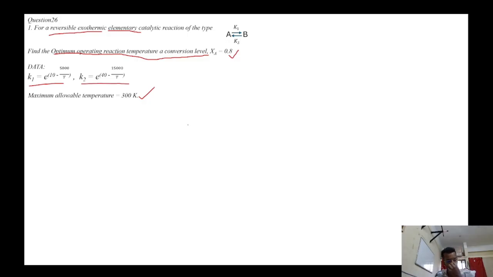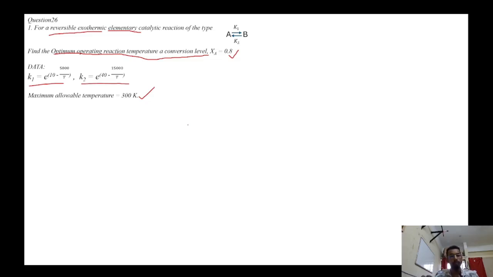Let's see. Very first thing, in a reversible reaction, after the reactant is converted to product, if you do not give the optimum temperature and pressure according to the stoichiometric coefficients... The pressure of the reaction depends upon the stoichiometric coefficients, whether the moles are decreasing, increasing or the same.